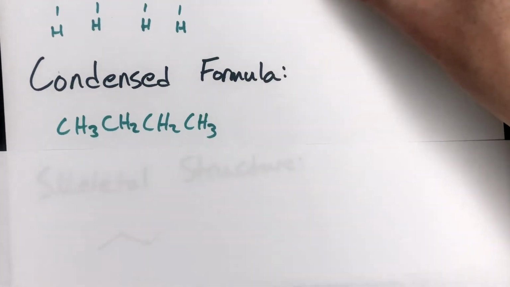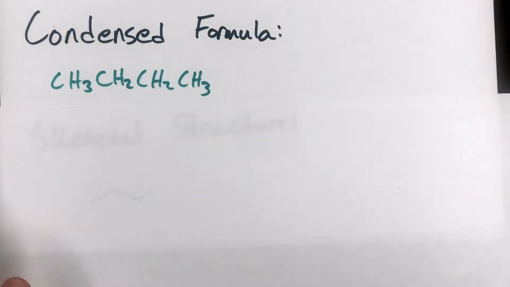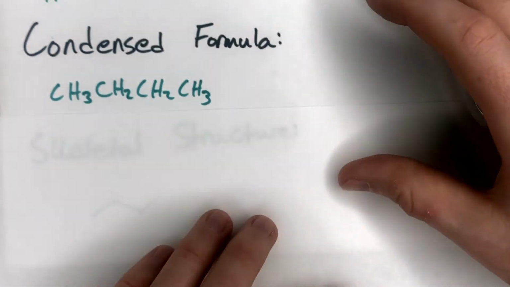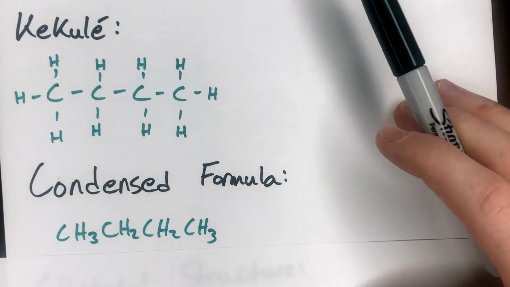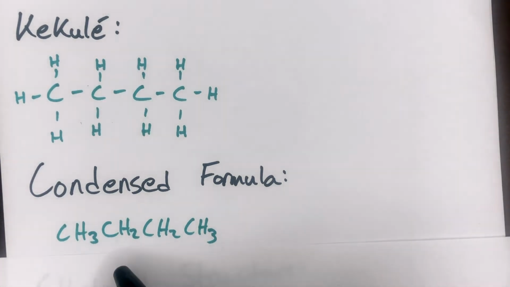Next is condensed formula, and this is among the most common along with the skeletal structure. Here the condensed formula shows that we have a CH3 group. If we compare this to our Kekulé or the Lewis, our CH3 is this kind of group. Then a CH2, that's this kind of group. CH2, again, that kind of group.